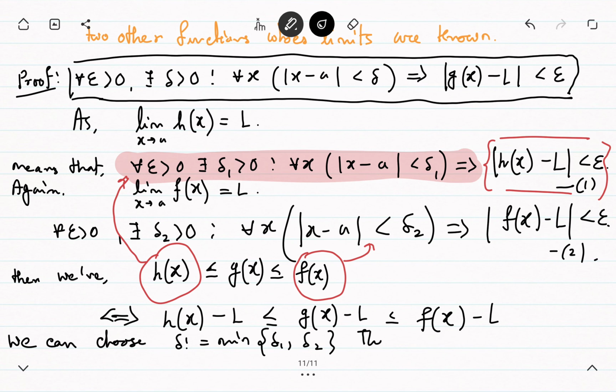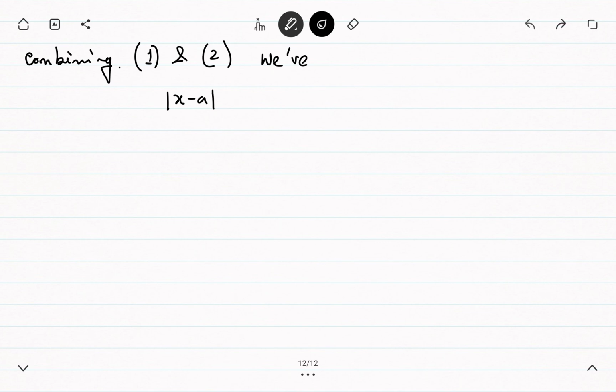Then if the absolute value of x minus a is less than delta, combining 1 and 2, we have minus epsilon less than h of x minus l, less than or equal to g of x minus l, less than or equal to f of x minus l.